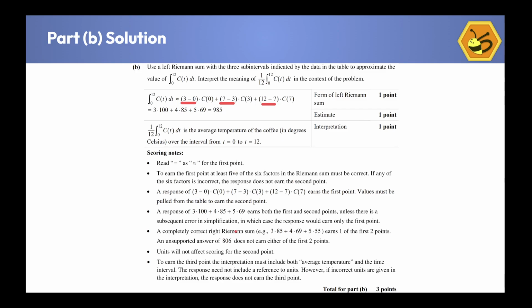For this question, the self-set units will not affect the scoring for the second point, and the response need not include reference to units for the third point. So for part B, you don't need to include units. And for part A, if you look at the scoring guideline, per minute is acceptable.